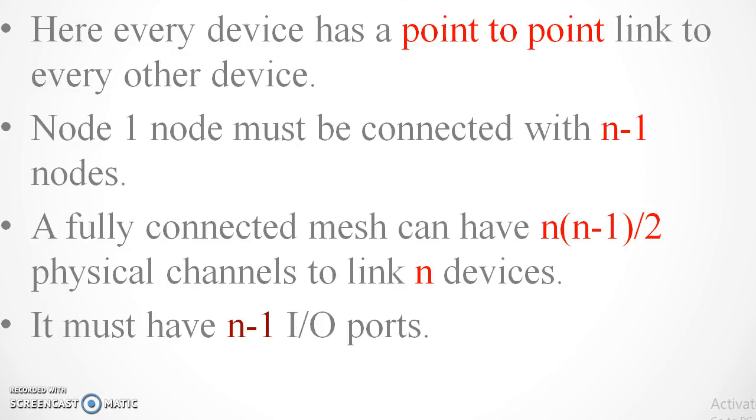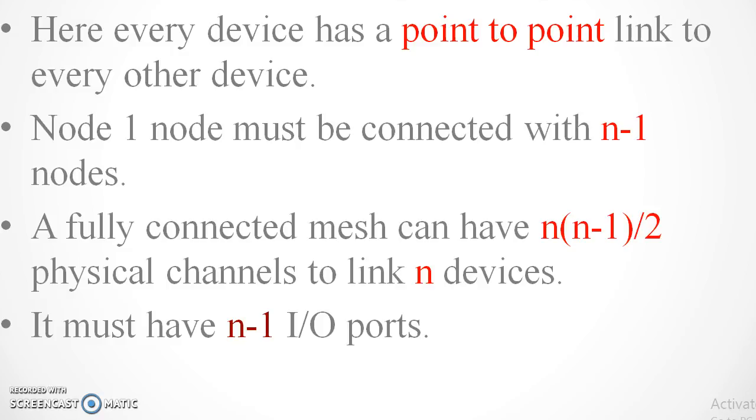That means node 1 must be connected to n-1 nodes. In case of a fully connected mesh, we can have n(n-1)/2 physical channels in order to link n devices. And all these links will be having n-1 input-output ports.